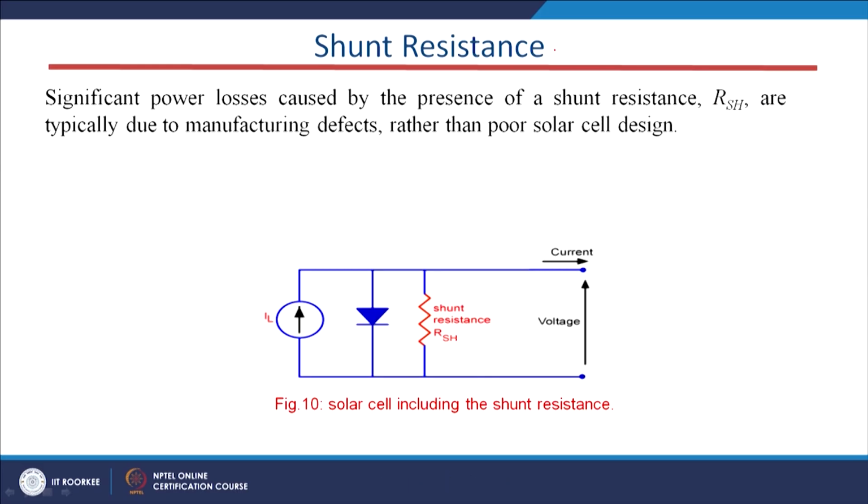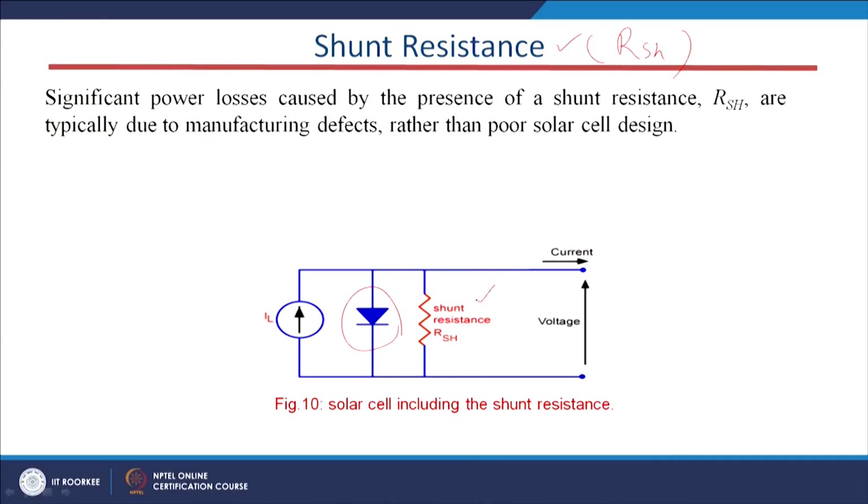First, I will come to this shunt resistance. The symbol of this is RSH. Why is it shunt resistance? Because it is connected in parallel across this diode. That is why it is called shunt resistance. Shunt means parallel. The significance of this shunt resistance is due to the manufacturing defects.